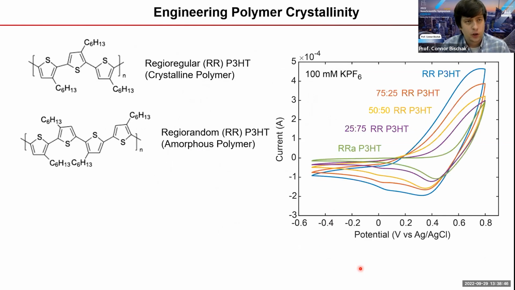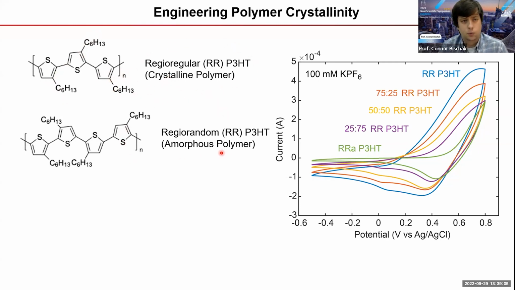And so we started working with some fairly well-known polymer systems. So this is P3HT, regioregular, which means that the side chains are all on the same carbon for each monomer, and this forms a very crystalline system.